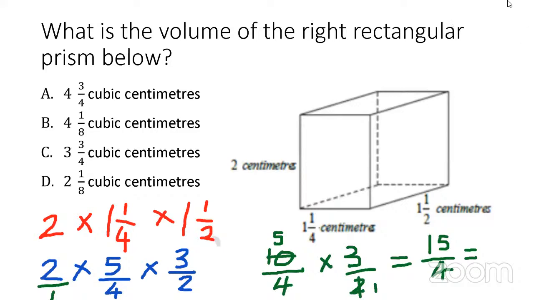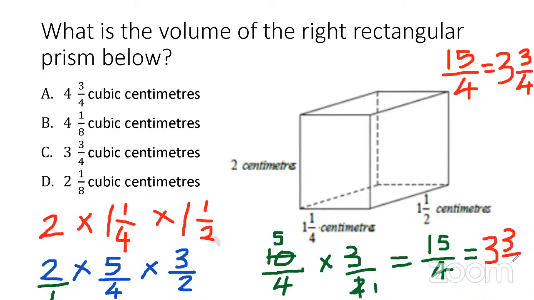Just 15 fourths. 4 into 15 goes 3 times with a remainder of 3. So 3 fourths. So 15 fourths is equal to 3 3/4.